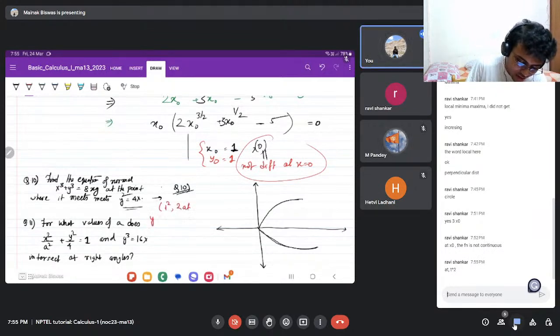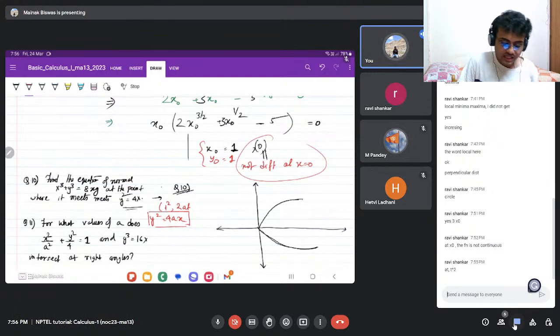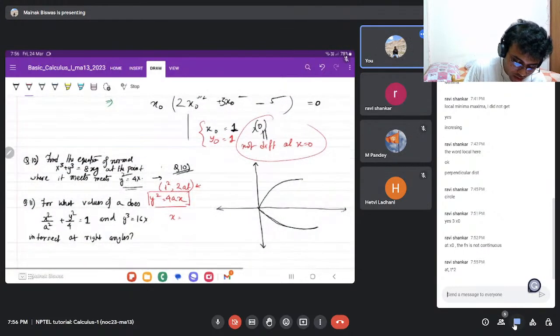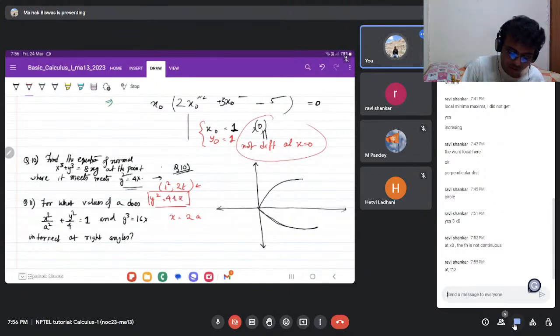If you have a graph like y square equal to 4ax, and t is a parameter on the curve, I'll put x equal to at square and y equal to 2at. In our case, a is 1, right? So this is the equation of a parabola with focus at a. I think you remember that.